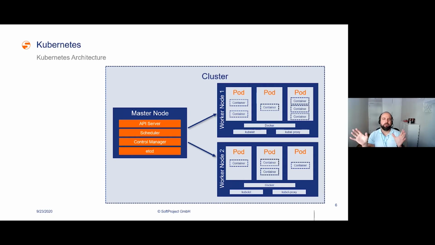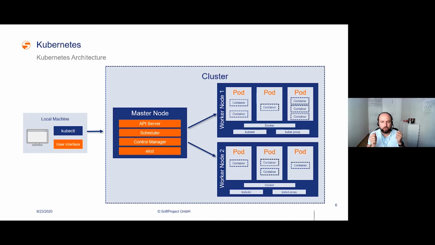But okay, we have spoken about the cluster and the elements that appear inside a cluster, but how can we populate a cluster? How can we interact with a cluster? To do that, we have a command tool called kubectl. We can use this tool to interact with a cluster, for example, to create new worker nodes, to perform new deployments, to modify existing deployments, to create or schedule tasks, jobs, whatever.